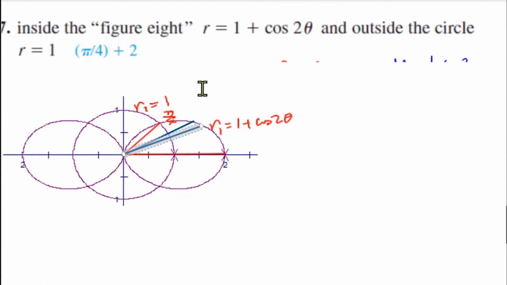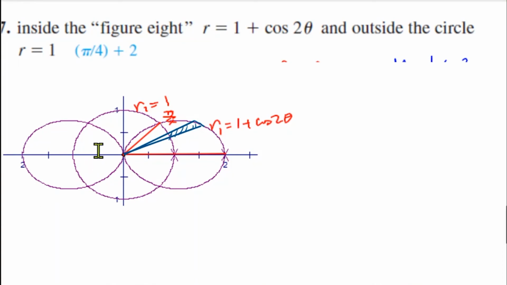That's a tiny little sector, that's my dA. However, the only thing we want is that much, isn't it? So we are looking at R1 squared minus R2 squared dA. We don't have to worry about this portion because we only wanted this part, and I guess this part as well. You with me?